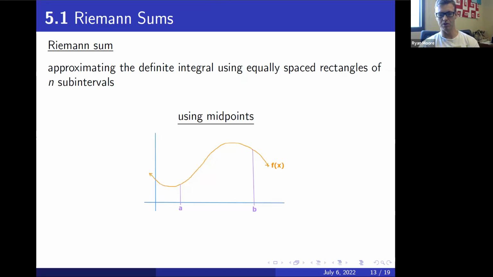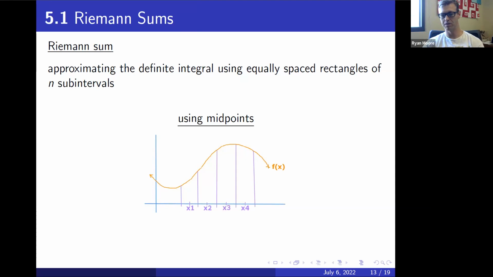So we're going to divide our region again into 4. We're just using 4 here because it's convenient. We could divide it into as many different subintervals as we like. But okay, going with 4, we note where the midpoint of each of those 4 regions is. So there we've got x1, x2, x3, x4, all at the centers of their regions.